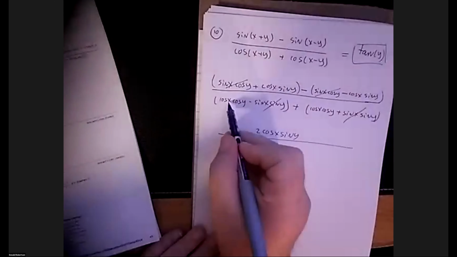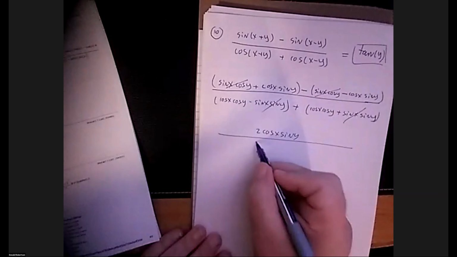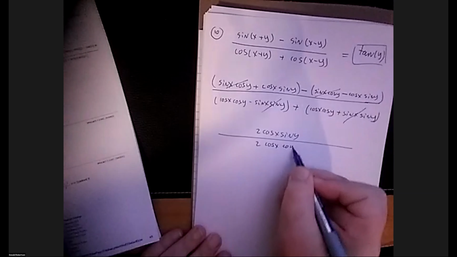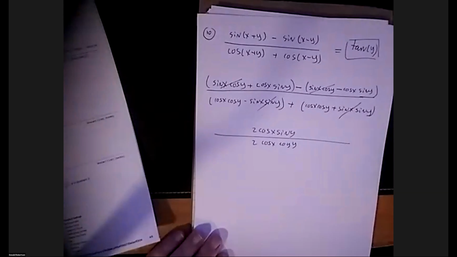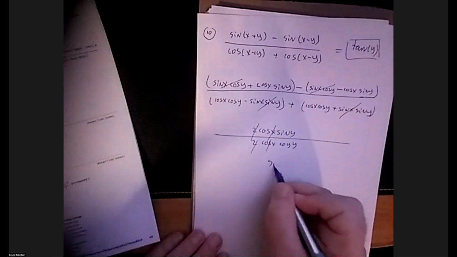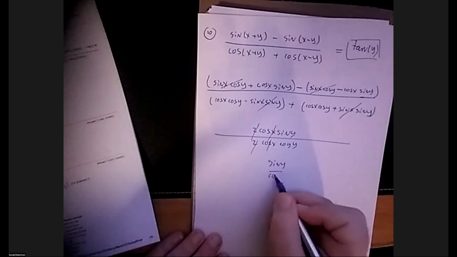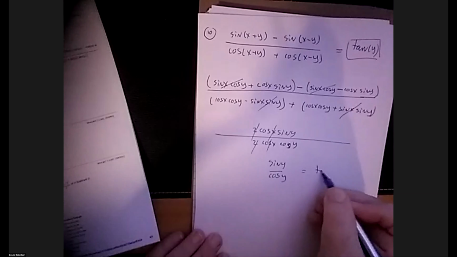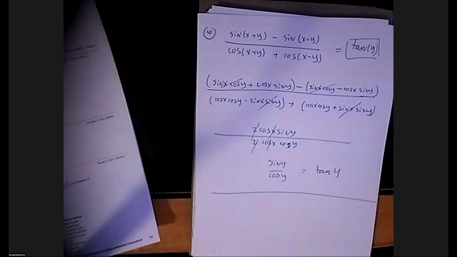This guy here gets killed off by this guy here. Cosine x cosine y plus another cosine x cosine y gives you two cosine x cosine y. The 2's cancel, the cosines cancel, and you are now left with sine of y over cosine of y. And that is your tangent.